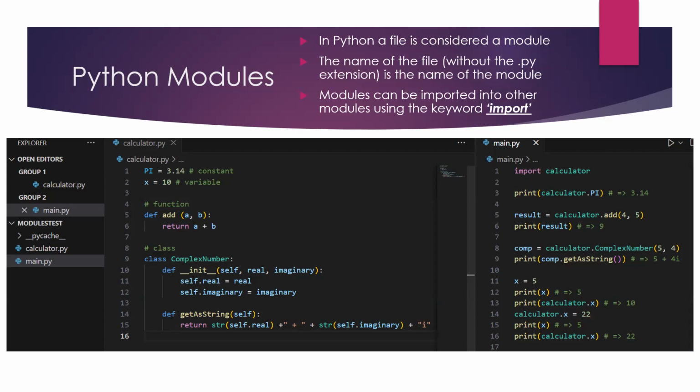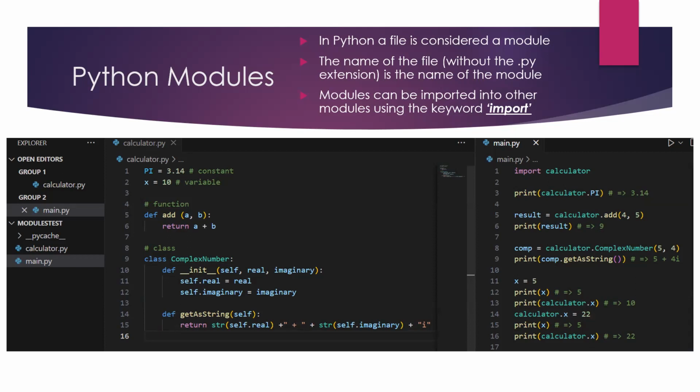If you just use capital letters to define the name, then it is considered a constant. Then we have a variable, a function, and a class. So it has most of the common components we can have in Python: variable, constant, function, and class.